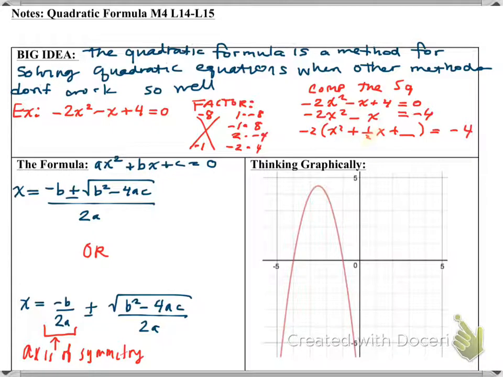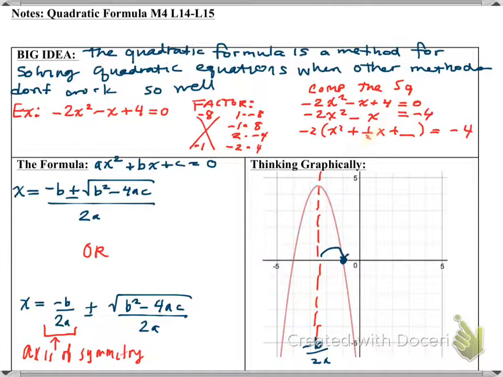So graphically, I'm just going to sketch in my axis of symmetry, and that's my negative b over 2a. And then the idea of adding and subtracting the square root of b squared minus 4ac over 2a is that if I add, I am going from my axis of symmetry over in one direction, and it takes me to my first x-intercept.